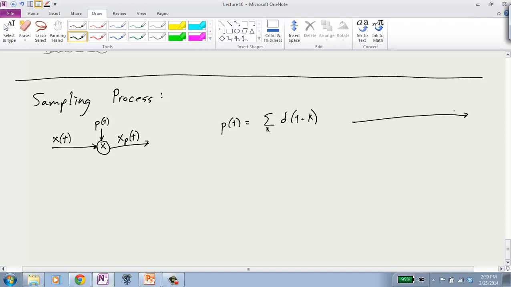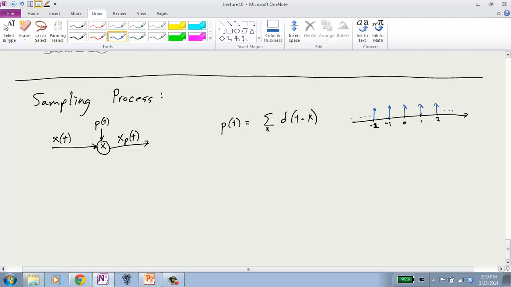It's a delta train. It's like this. This signal here, we call a delta function train. It's just repeating delta functions with a certain spacing.